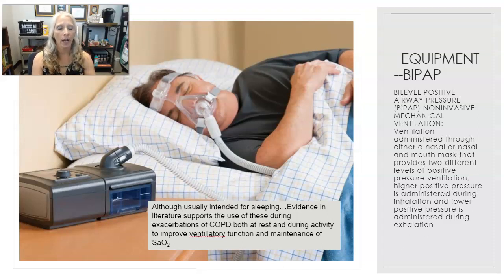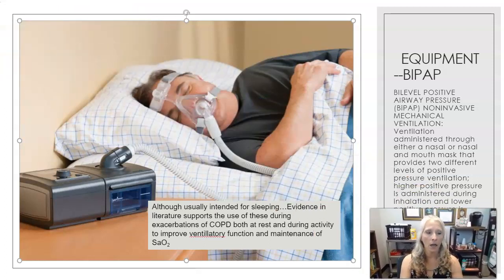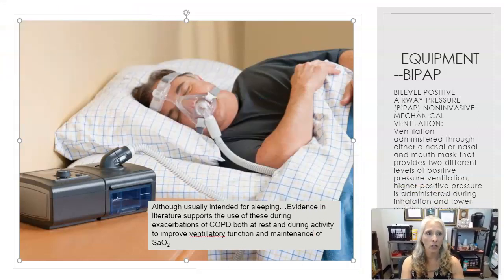But the pressure is higher during the person's inhalation and then lower during their period of exhalation. Recently, there's been some good research about the use of BiPAPs on patients that have COPD during exercise, showing that it improves their ventilatory function, and it improves their ability to maintain good air exchange and good O2 sats during exercise.